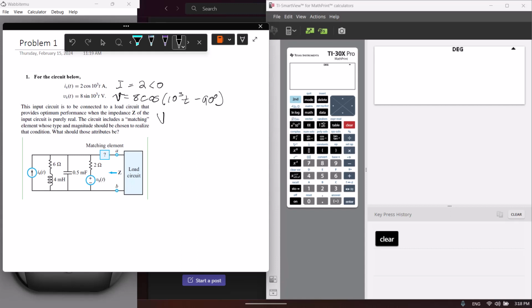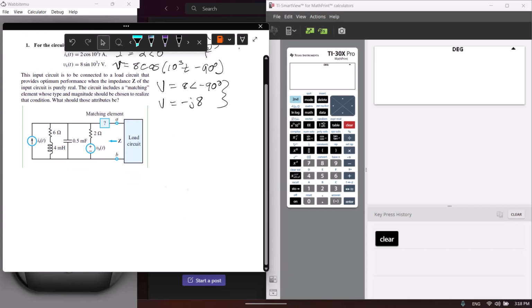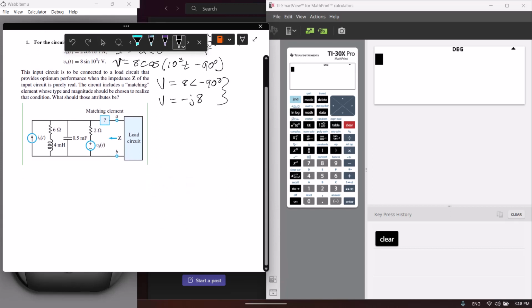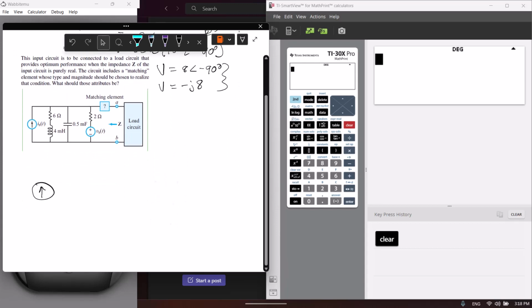So as a phasor, that would be 8 angle negative 90 degrees. Or if I wanted that in rectangular form, negative 90 degrees is going down this way to the imaginary axis. So that's minus j. So V equals minus j8. So these two are the same. So I have those values. So this current, I can say, is 2 angle 0.